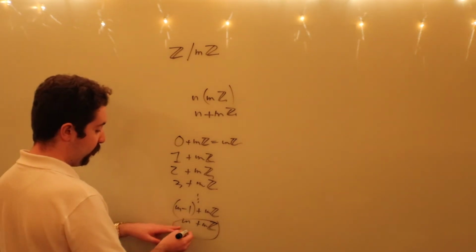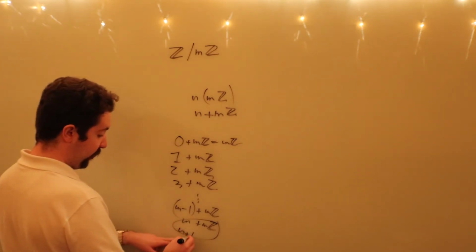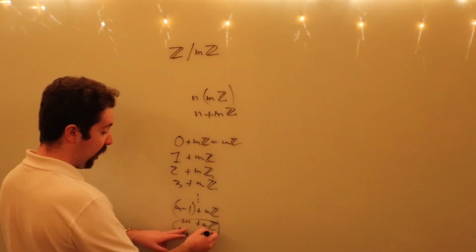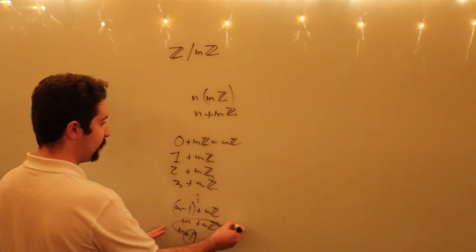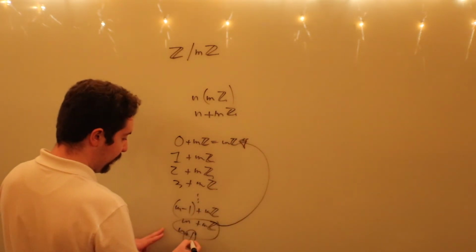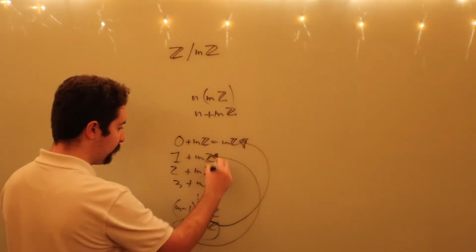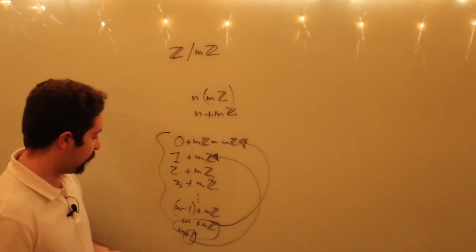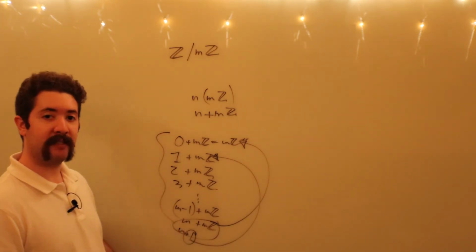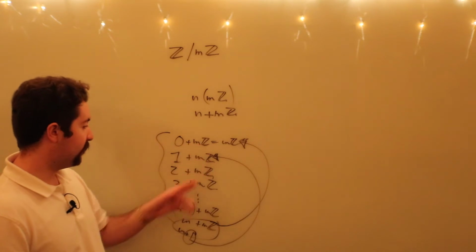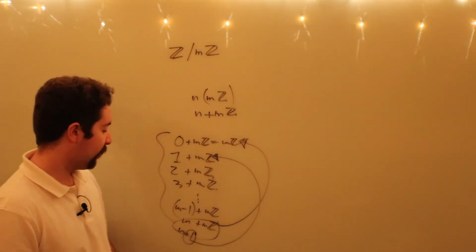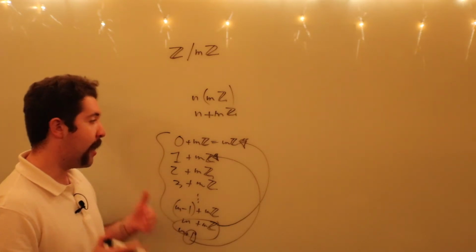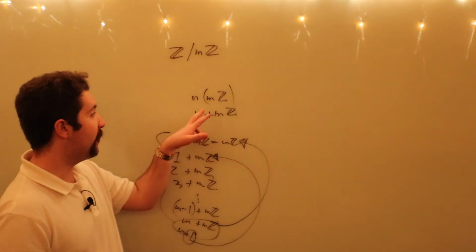And so m plus 1 is going to be adding m, which does nothing, and then plus 1. So what you're going to get is that this cycles back to this, and the next one cycles back to this one, so that these m cosets, 0 plus mZ, 1 plus mZ, all the way to m minus 1 plus mZ, are going to be your m different cosets of mZ in Z.